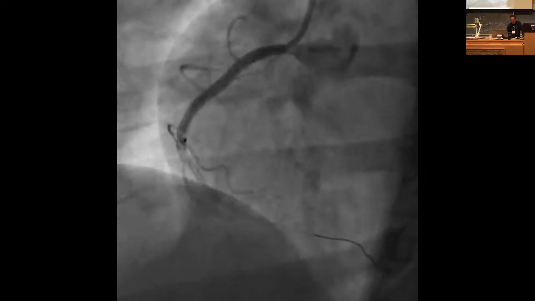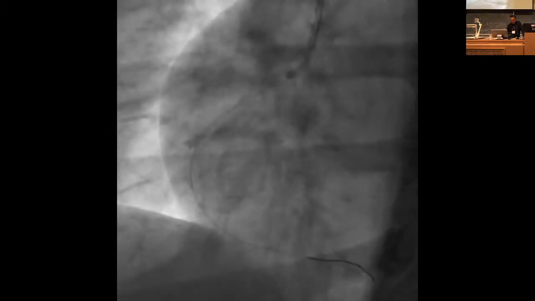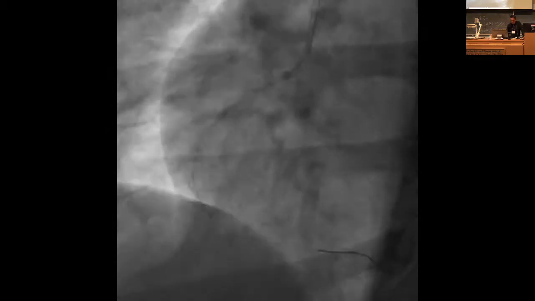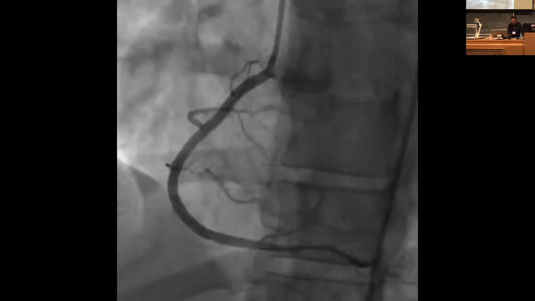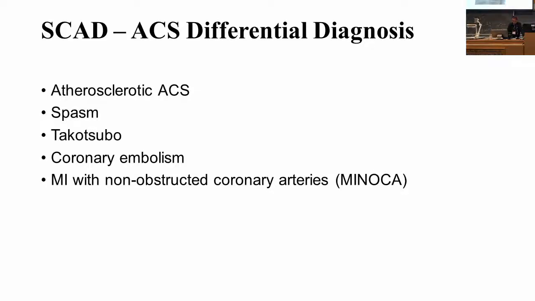But you can still see there's a lot of dissection distally, and after a total of 3 stents, everything was restored. So this case I illustrated to you has beautiful pictures. However, there was a price we paid for that one because it ended up with a significant complication.